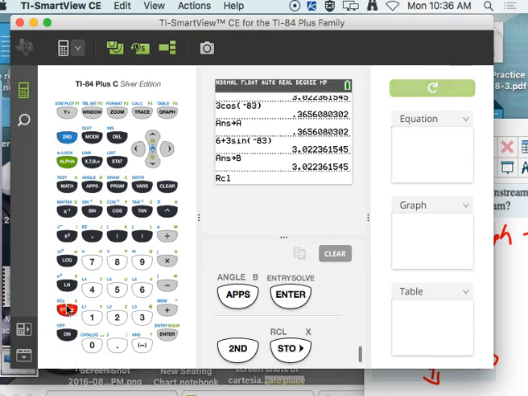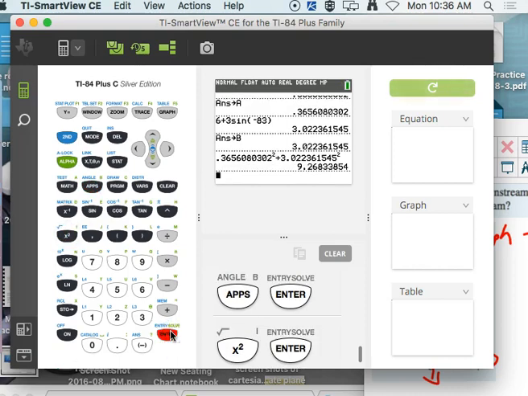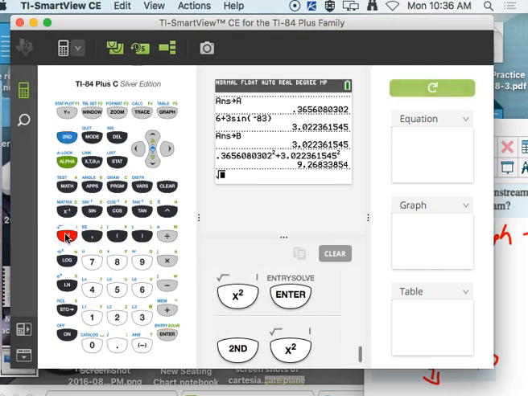I want to recall A, and I'm going to square that. Plus second store recall, and now I want alpha B squared. And then I can just take the square root of all of that. Second square root of my answer.